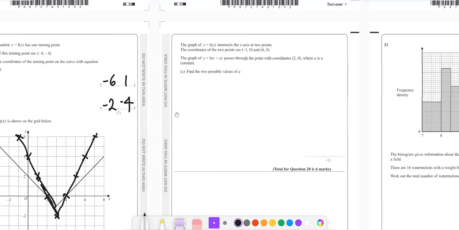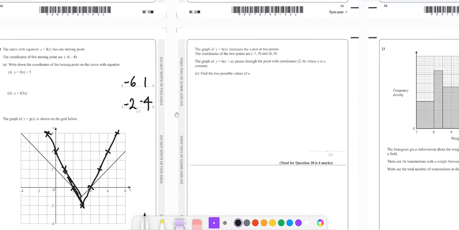Oh, we've got another. The graph of h of x intersects the x-axis at 2 points. The graph of h of x plus a passes through the point with coordinates 2, 0, where a is a constant. Find the 2 possible values. Well, we're moving either one of those points.